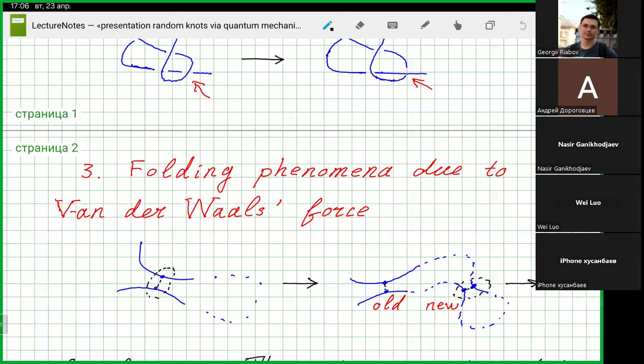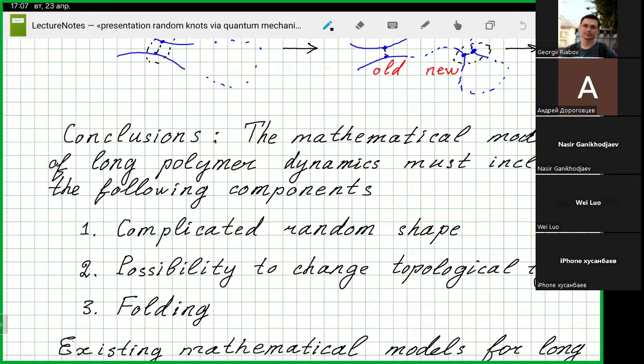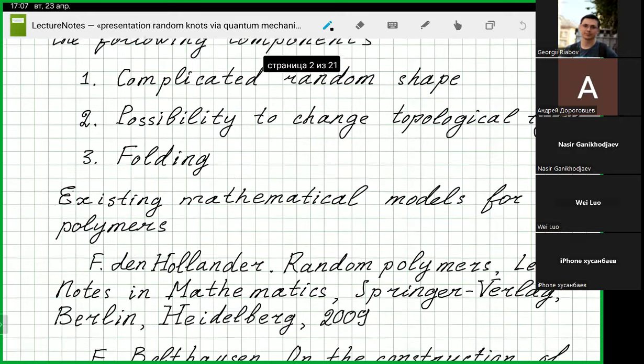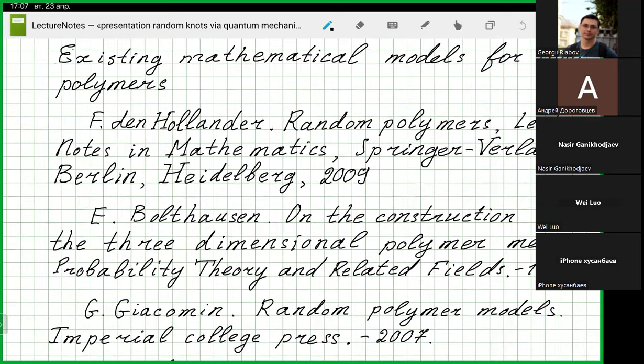But there is almost no literature devoted to the dynamics of polymers. Today I want to propose some ideas on how to model this. This is what I said, and here are the references.